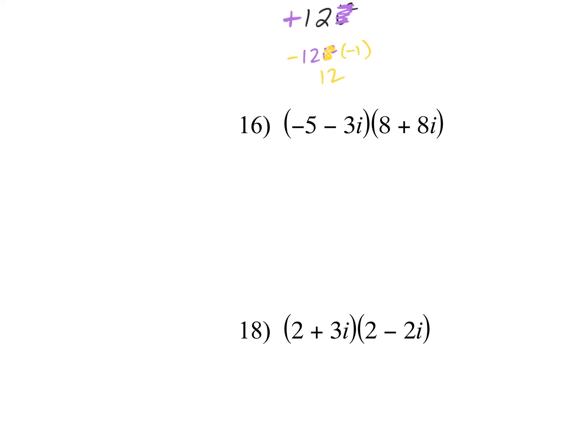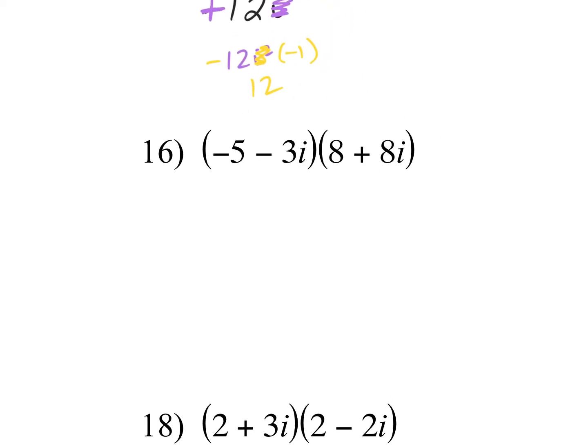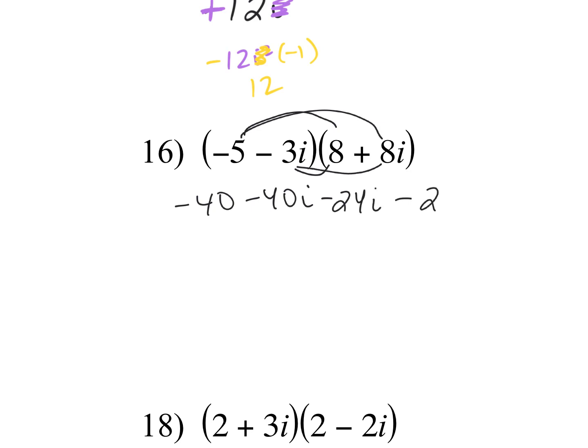All right, let's come over here and FOIL these two. We're just going to FOIL, combine like terms. What's negative 5 times 8? Negative 40. What's negative 5 times 8i? Negative 40i. What's negative 3i times 8? Negative 24i. And what's negative 3i and the positive 8i? Negative 24 what? i squared. As soon as you guys see that i squared, what are we doing?